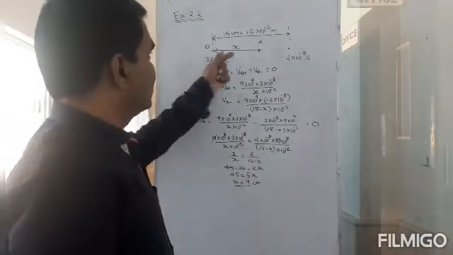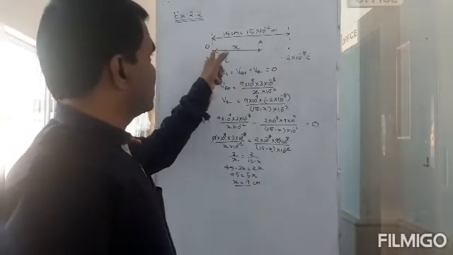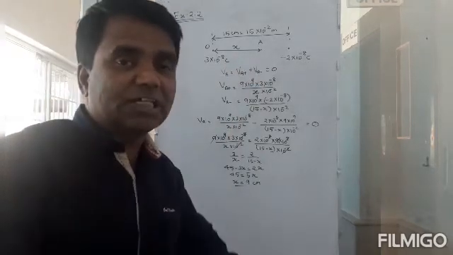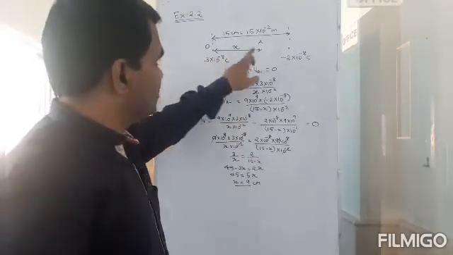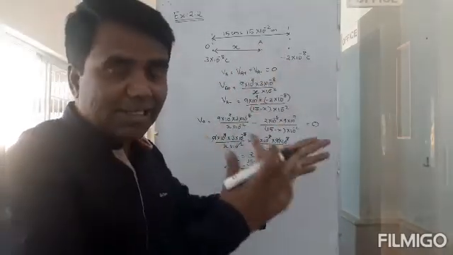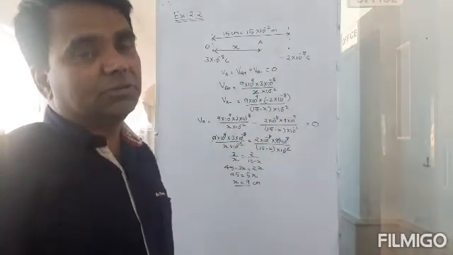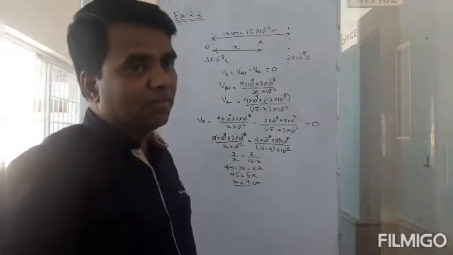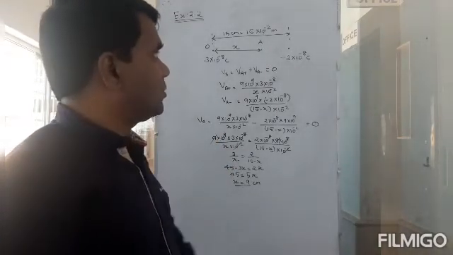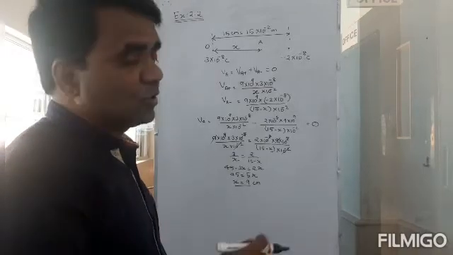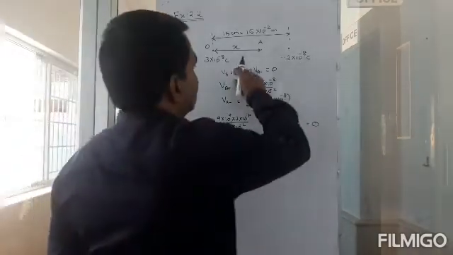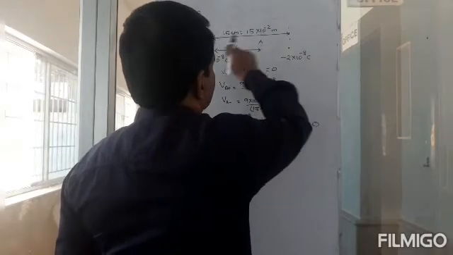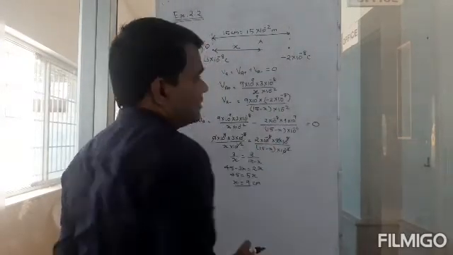So 9 centimeters from the positive charge you will have a point where the potential is actually 0. That is, potential due to this and potential due to this will cancel each other out. That is one point. And it is also possible that on this side you can have another point where this value and this value can cancel each other out.